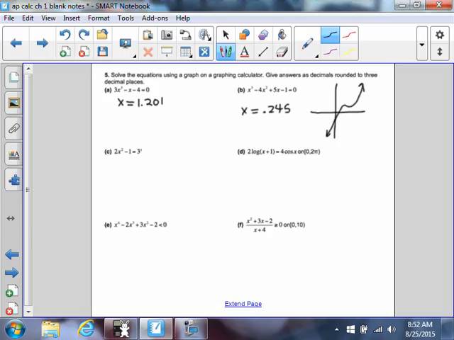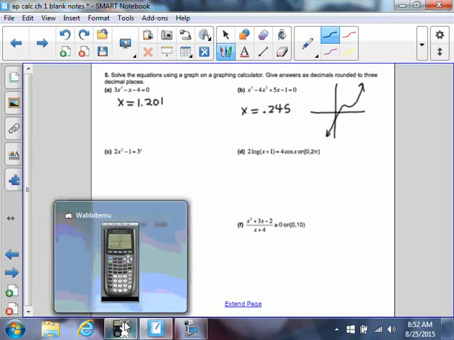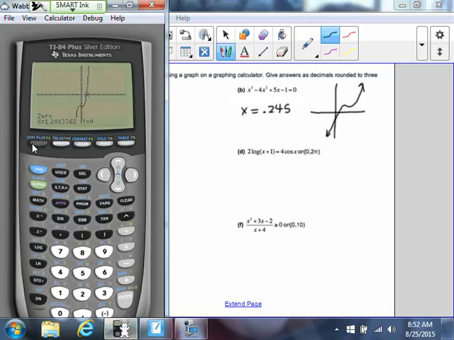Okay, get that one? All right, now part C is a little bit different. So we have 2x squared minus 1 equals 3 to the x. So what I would do is I would put these in for y1 and y2.